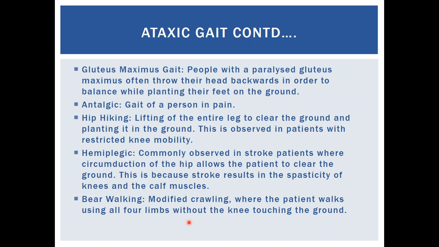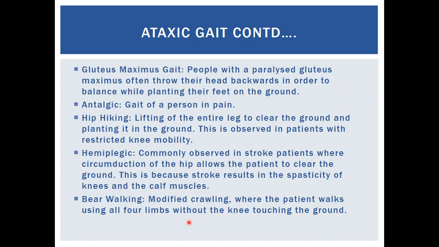These patients usually circumduct their hip and plant their foot while walking, and this is because of spastic knee and calf muscles. The last one is the bear walk, which is a modified crawling, because many people do not like crawling.